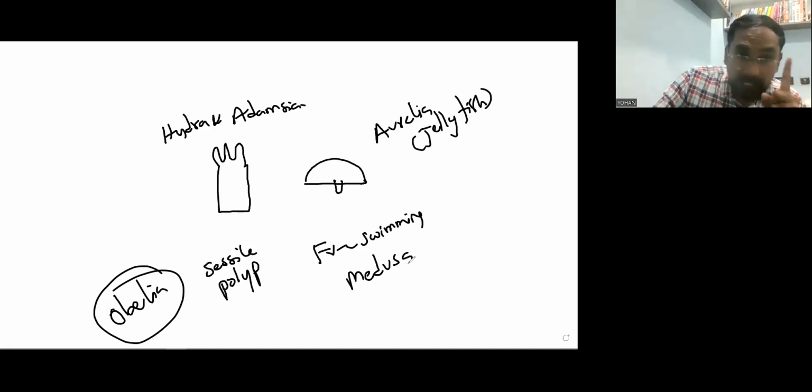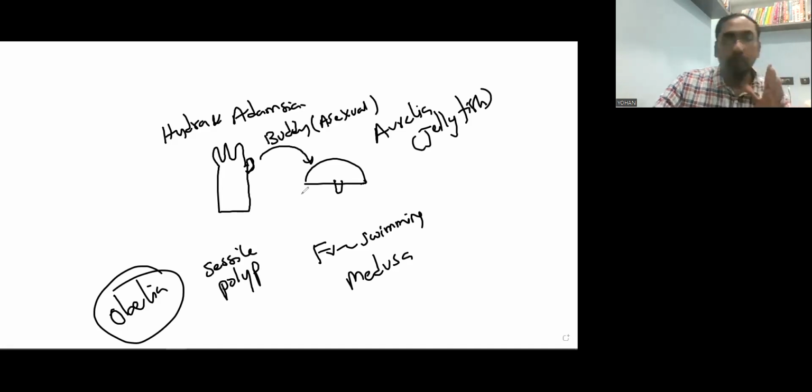In Obelia, the polyp gives rise to medusa by a process called budding. It's an asexual reproduction. And the medusa produces gametes. Those gametes fuse and form larva.